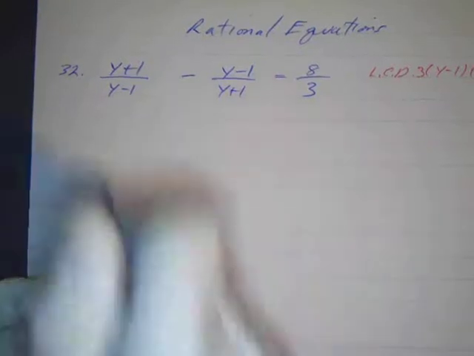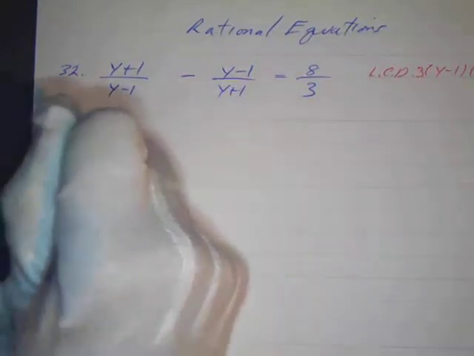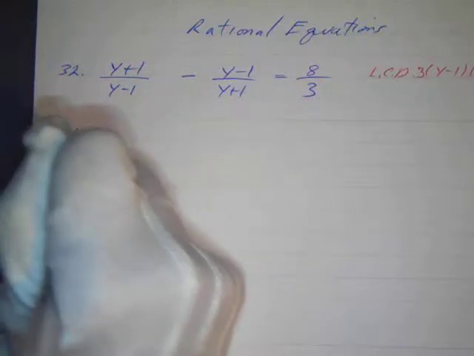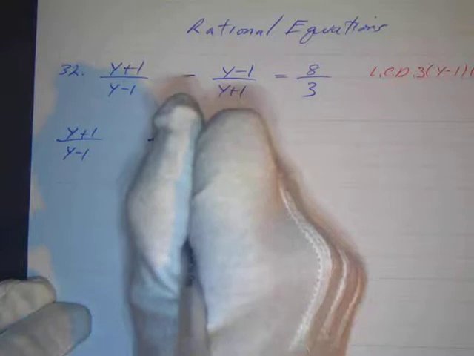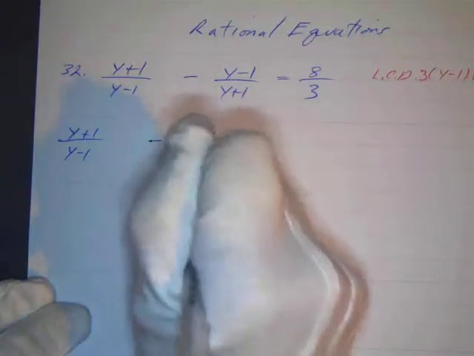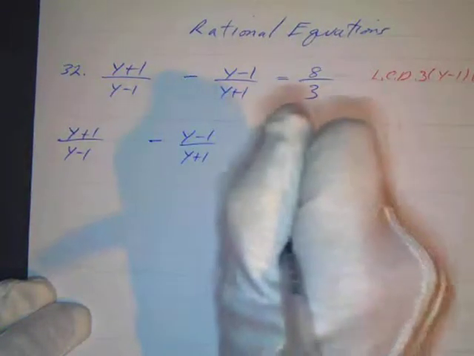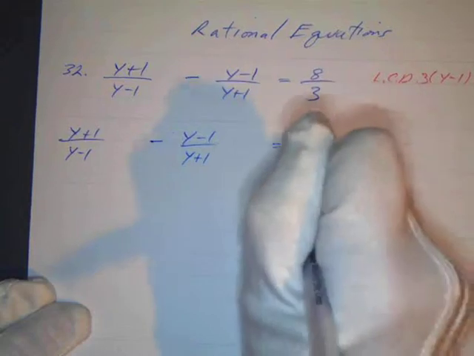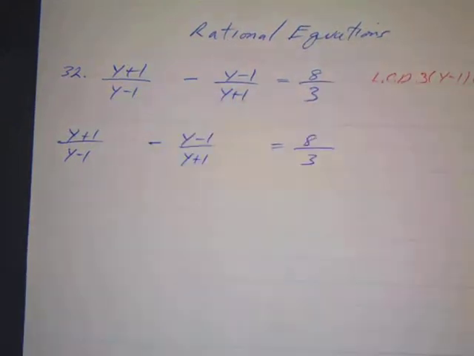So I'll rewrite this out, a little more room. y plus 1 over y minus 1 minus y minus 1 over y plus 1 equals 8 over 3.